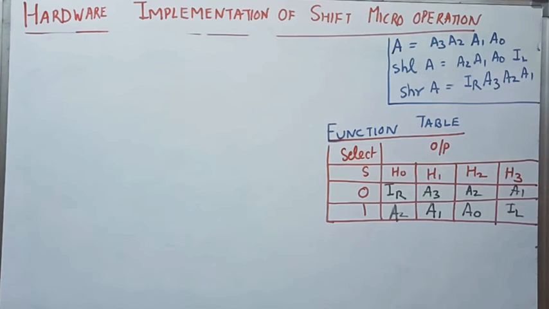Now if I am going to create a circuit for it, which type of components do I have to create for the hardware implementation of the shift micro operation? There is only 1 selection line. Only 1 selection line means you can take a multiplexer as 2 cross 1.